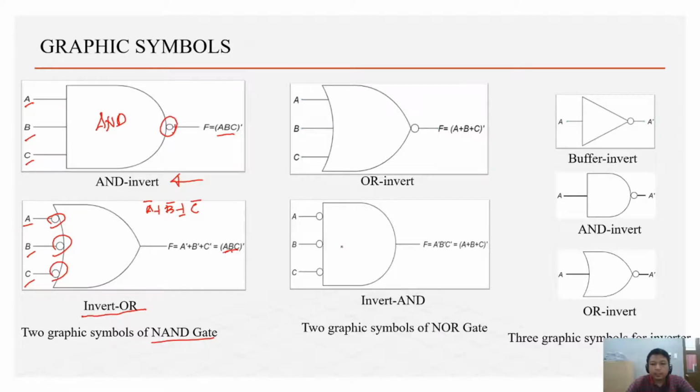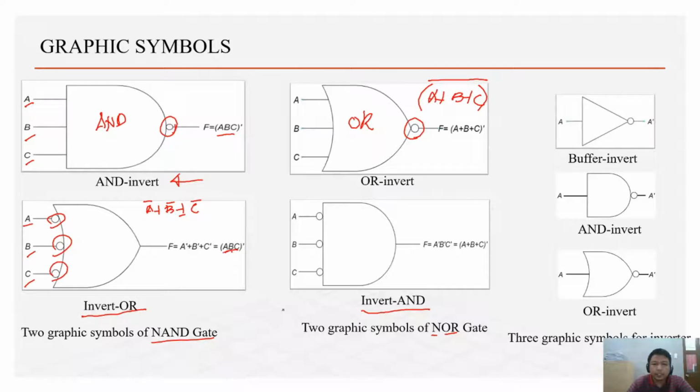Also, we have here the two graphic symbols for NOR gate. NOR gate stands for NOT OR gate. So from the word alone, we have here an OR gate and we have here an inverter. So it's an OR, but we invert the output. So in an OR gate, we have A plus B plus C. Since we have an inverter, the next symbol for a NOR gate is what we call invert AND.